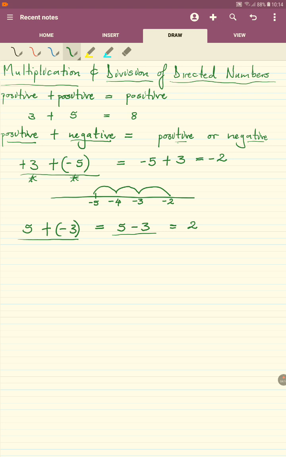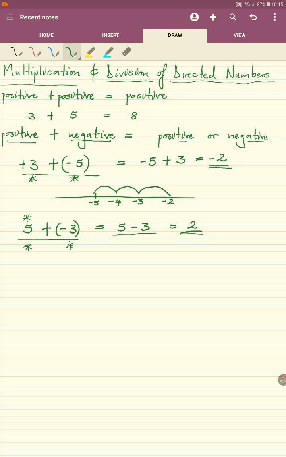That's why our answer is minus 2, because 5 is bigger than 3. And on the other question, 5 is bigger than 3, although 3 is negative, the answer will be positive, because the answer always takes the sign of the bigger digit. So that's why we are getting 2 here.